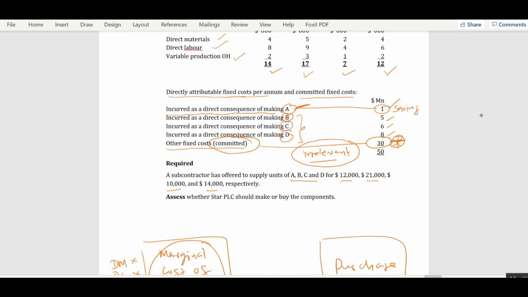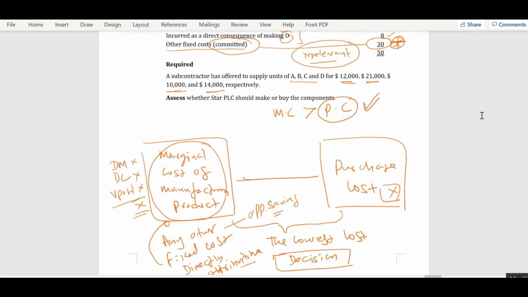So we need to find out whether the manufacturing cost is lower than these purchasing costs or higher than these purchasing costs. If the manufacturing cost is higher than the purchasing cost, then the purchasing is feasible, it's viable, it's beneficial to the company. So what is the decision rule that you have to make?